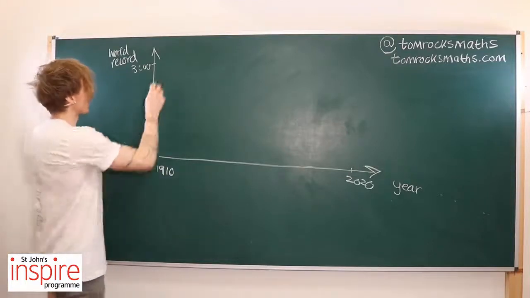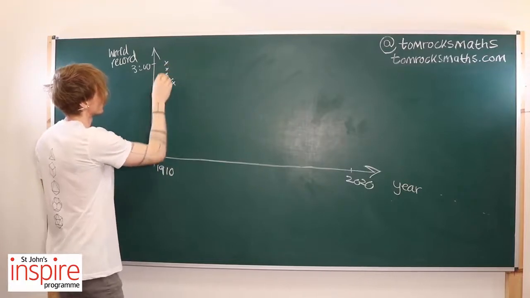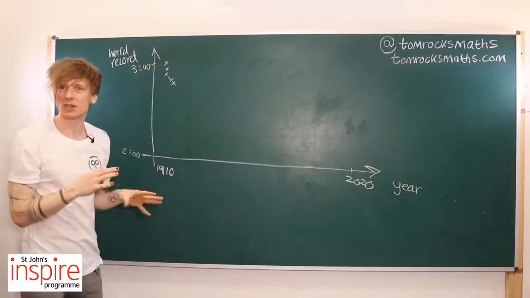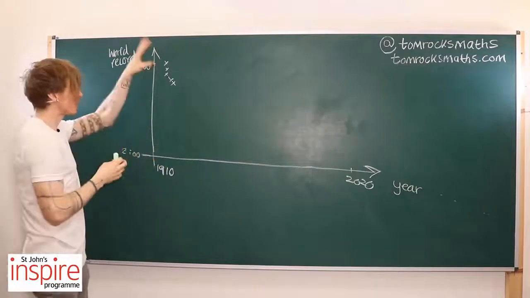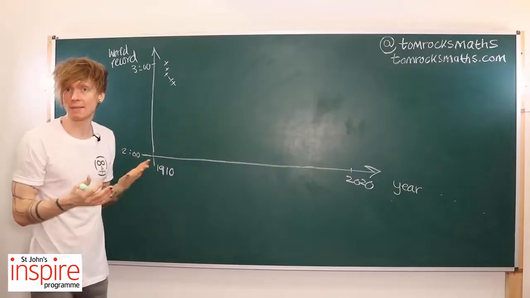Now, back in 1910, what happened here was there were quite a few records very quickly after each other. Very, very quick decrease initially. And this is because it was suddenly announced that we were going to start keeping these records. So people had been running marathons before and probably running them faster than some of these original first few times.